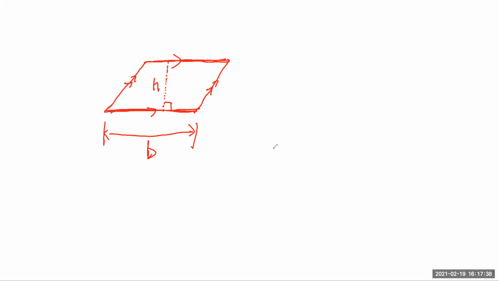If we used one of the other sides going up, that wouldn't be the height because it's angled. So the height is always 90 degrees from the base. It's basically the shortest distance between the two lines. So the area for a parallelogram is still base times height.